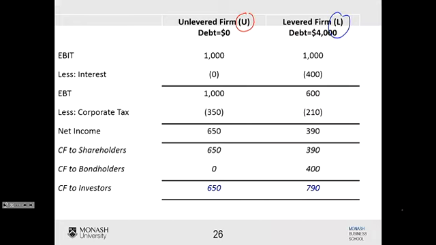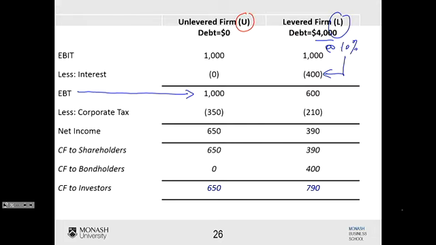The levered firm borrows $4,000, let's say at a 10% interest rate, therefore you need to pay $400. Therefore, earnings before tax is 1,000 for the unlevered firm and 600 for the levered firm.